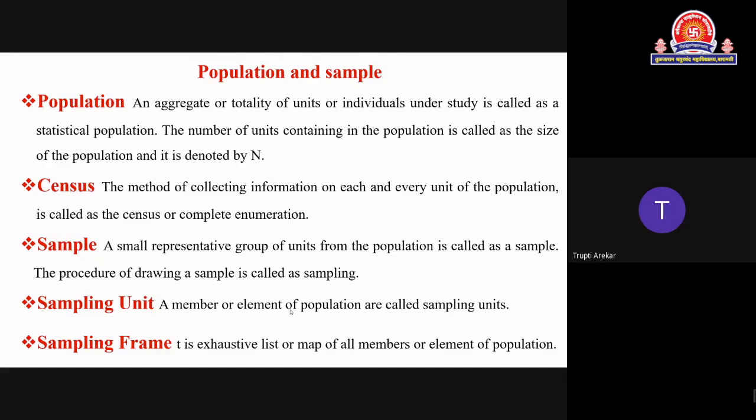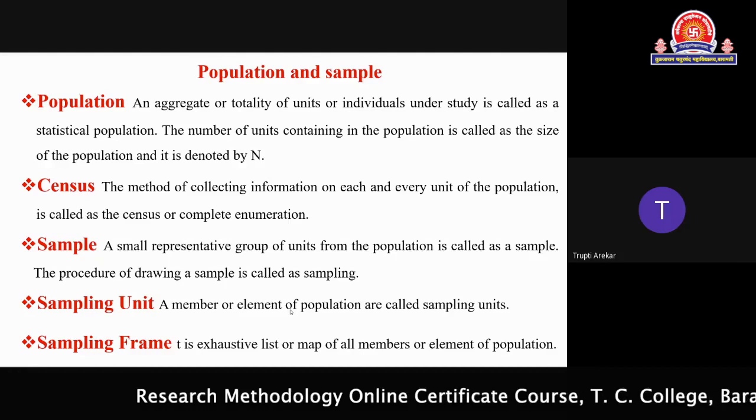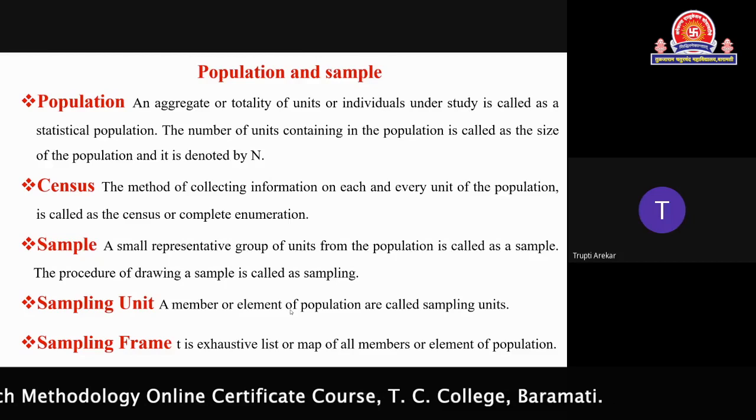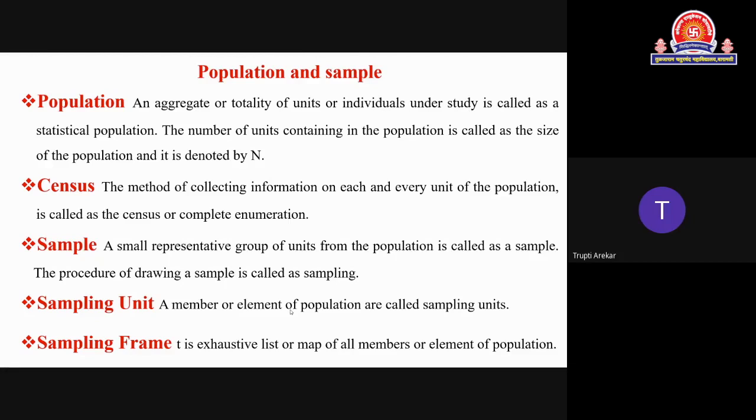But there are some limitations. The census method provides reliable results, but due to voluminous work, it is expensive and time consuming. And sometimes it is not possible at all.